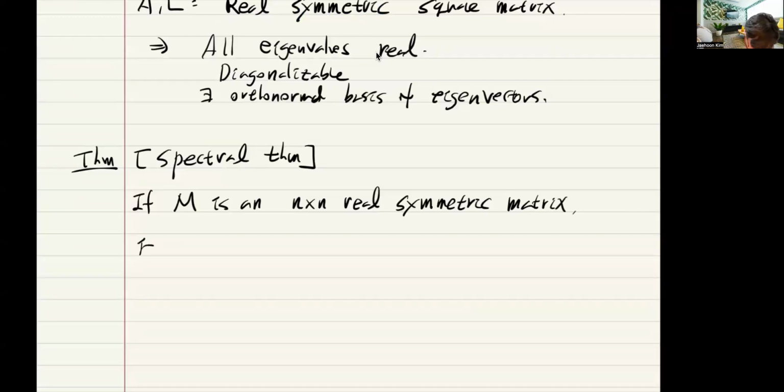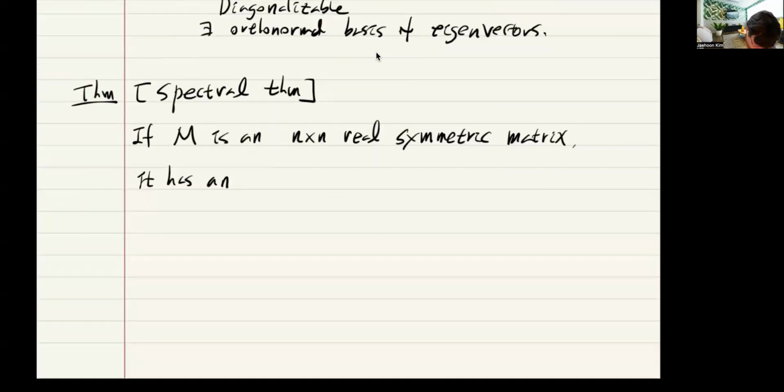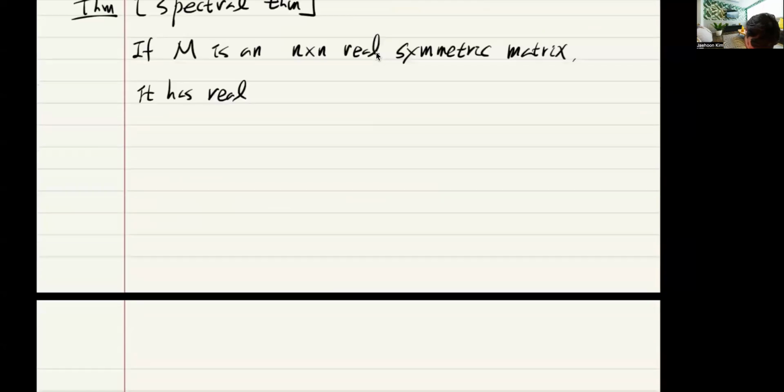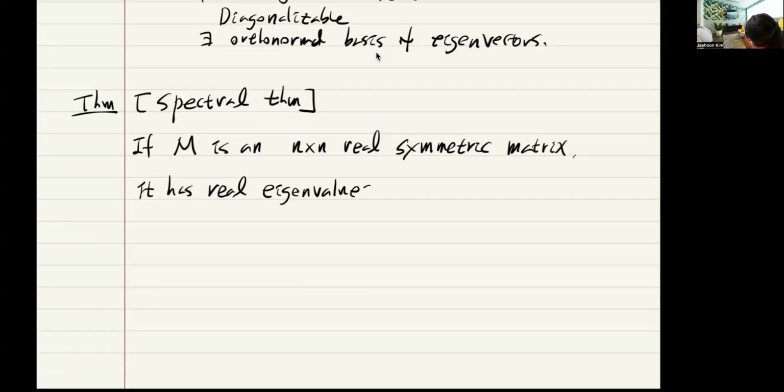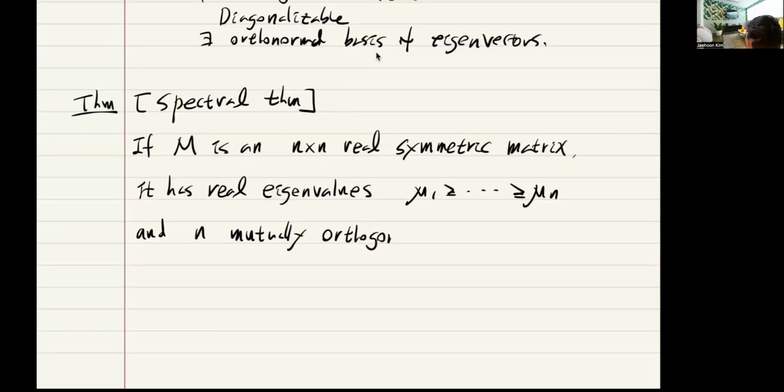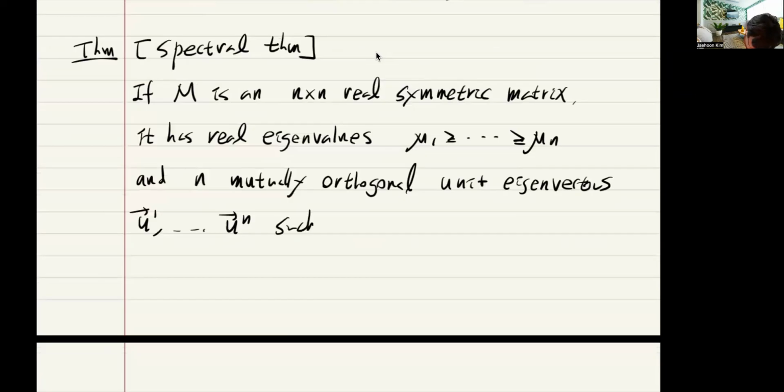If it is one of them, you know that it has real eigenvalues, say mu 1 to mu n in decreasing order, and n mutually orthogonal eigenvectors, say u 1 to u n, such that M u i is mu i times u i.